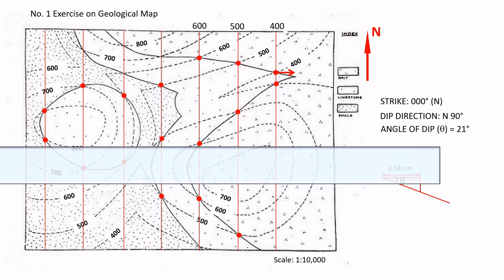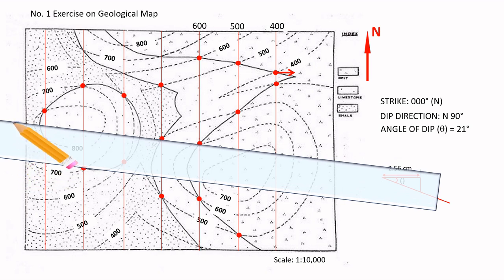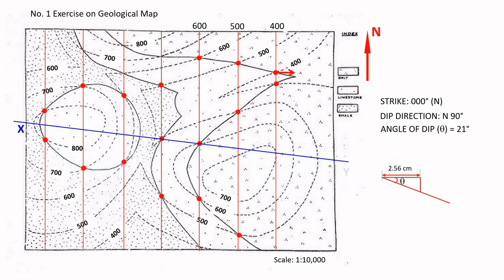To create a profile section, draw a line on the map and label it XY, along which you will draw the cross-sectional profile. It is best to select a line that cuts across the most significant features of the map.